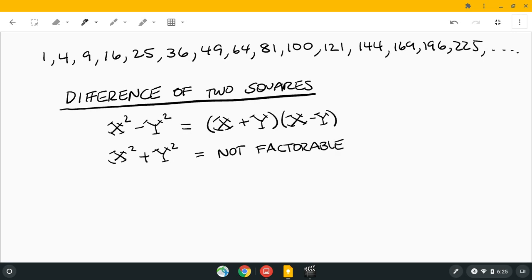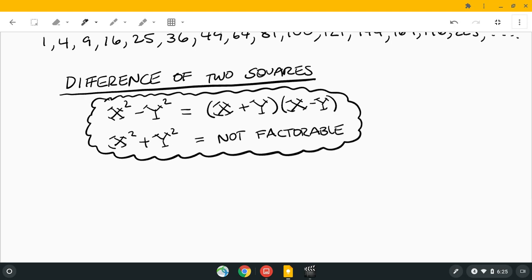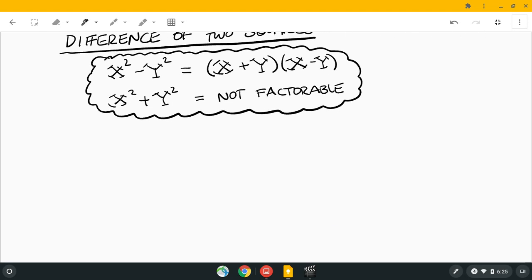If you want to be super fancy, you can say not factorable with real numbers. You can factor it, but then you have to use imaginary numbers. All right, so this is something that you will need to definitely memorize. But after doing them so much, it just becomes a habit.